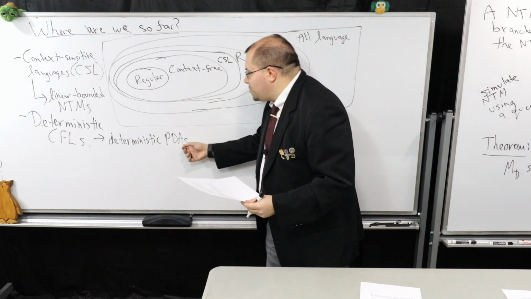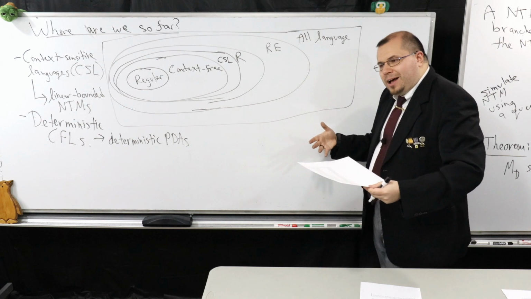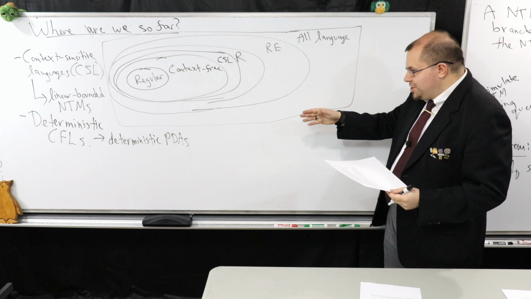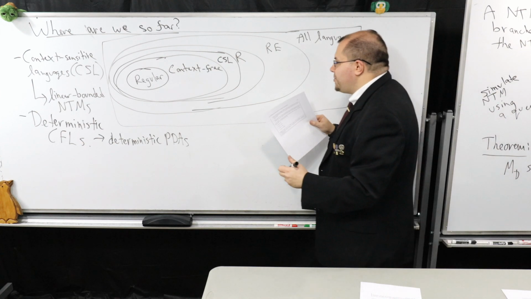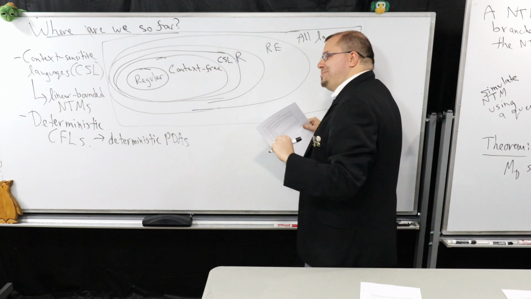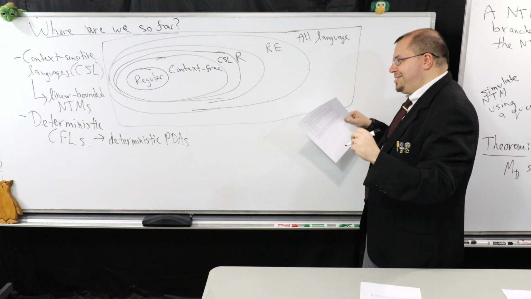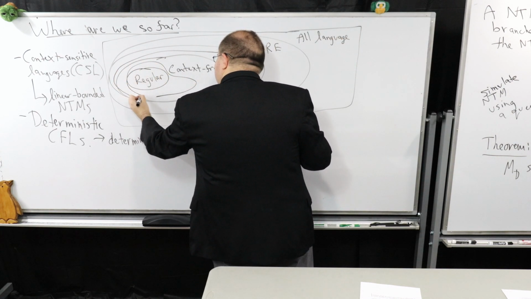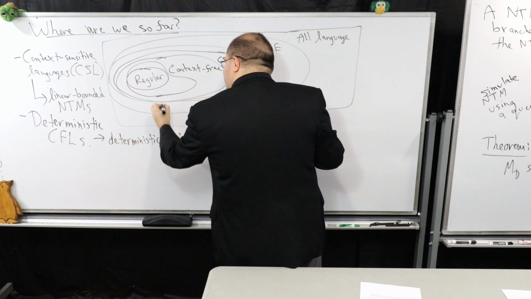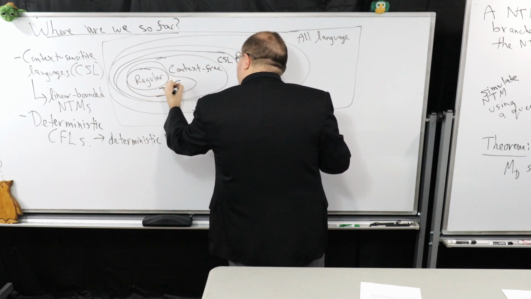If you're curious, both books I've suggested for reference go into quite a bit of detail about these. But believe it or not, they don't describe the same set of languages that the context-free ones do. They're actually a subset of them. So these are your deterministic context-free languages.